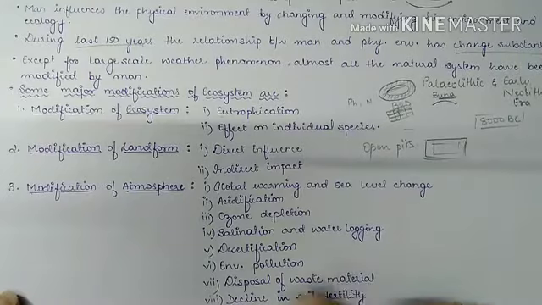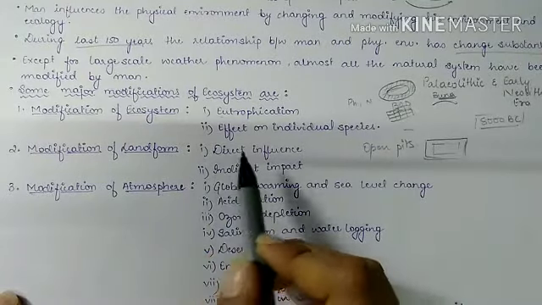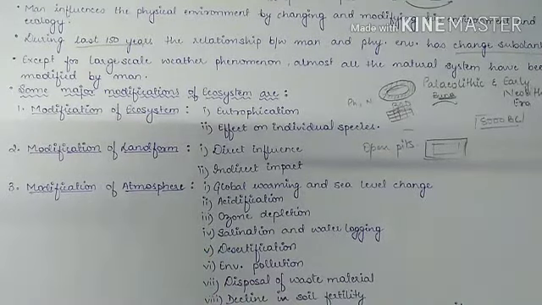Okay, so that is direct influence. Another direct influence is deforestation and introduction of exotic species and animals in different habitat. It has influenced the ecosystem.